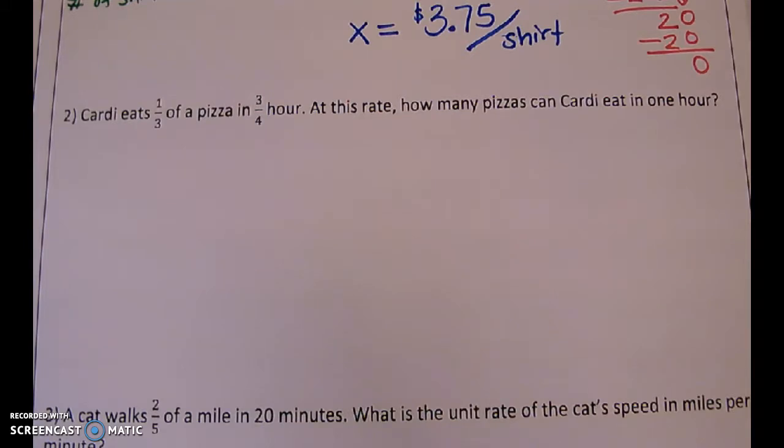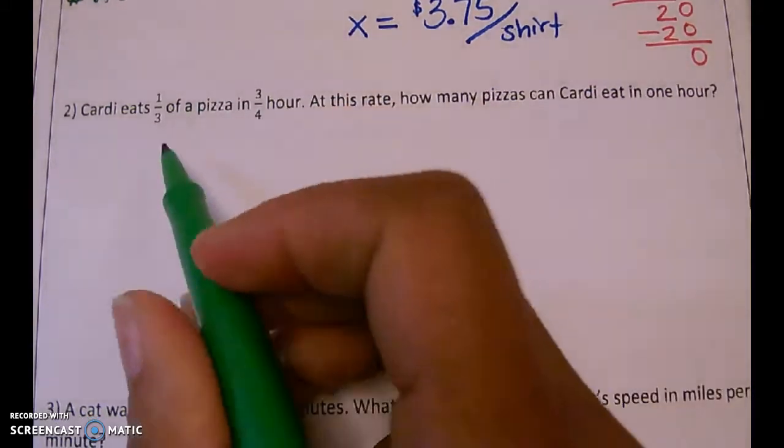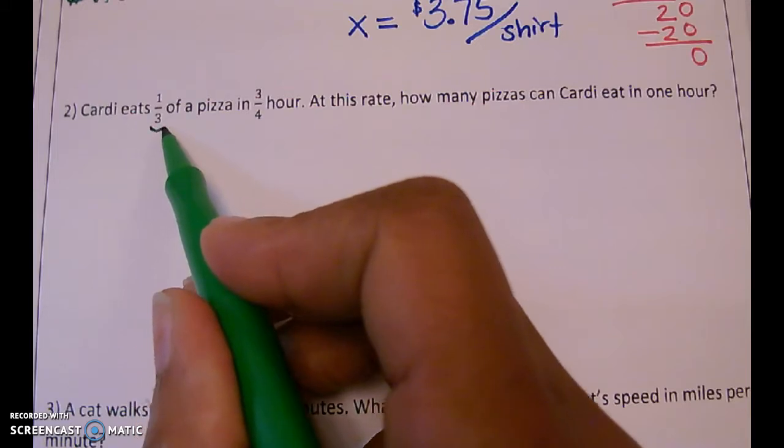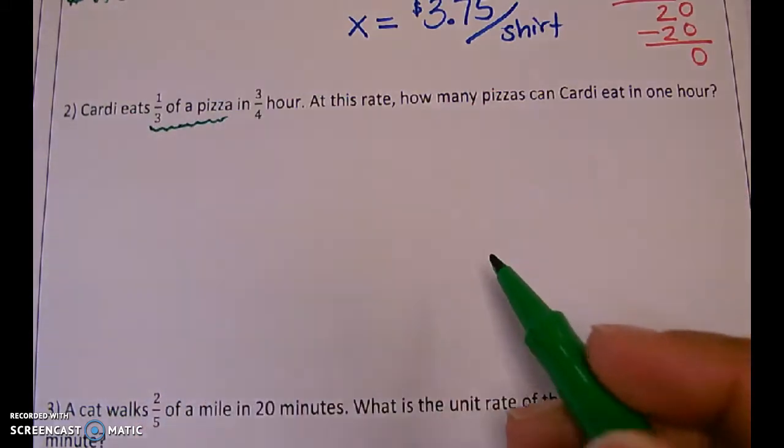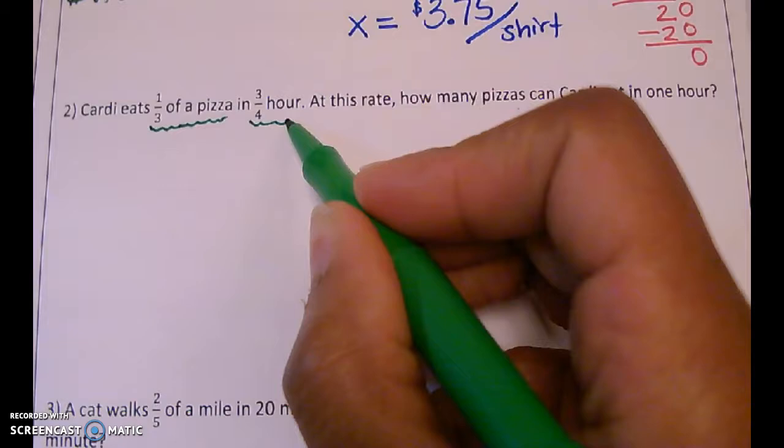Now, this problem says that Cardi eats 1/3 of a pizza in 3/4 hour. At this rate, how many pizzas can Cardi eat in 1 hour? So, now, the first thing we're going to do is we're going to write in words the units that we're comparing. So, Cardi eats a certain amount of pizza in an hour.